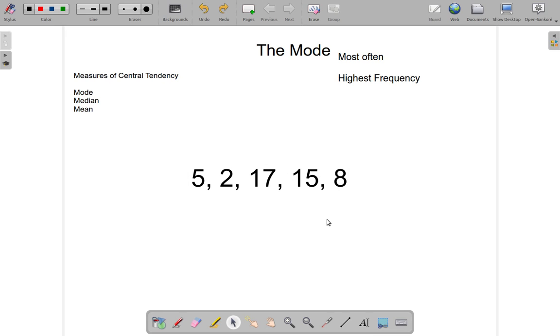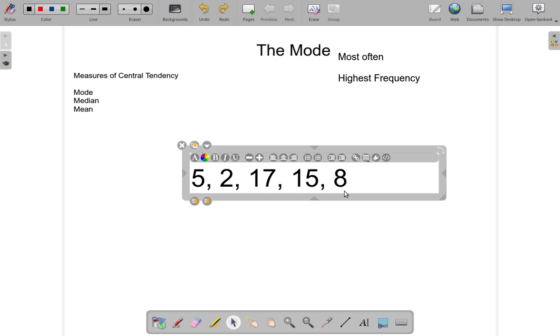Question: what is the mode? Let me see. 5 is there only one time, 2 is there once, 17 once, 15 once, 8 is there once, but there's no mode here, right? We need to have a number that is there more often than other numbers, so we don't have a mode. So let's go on and try again.